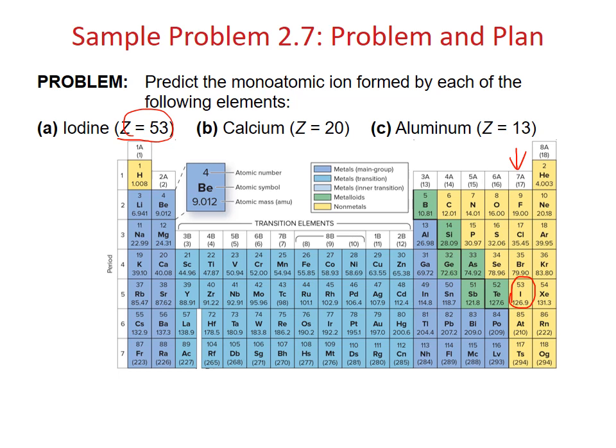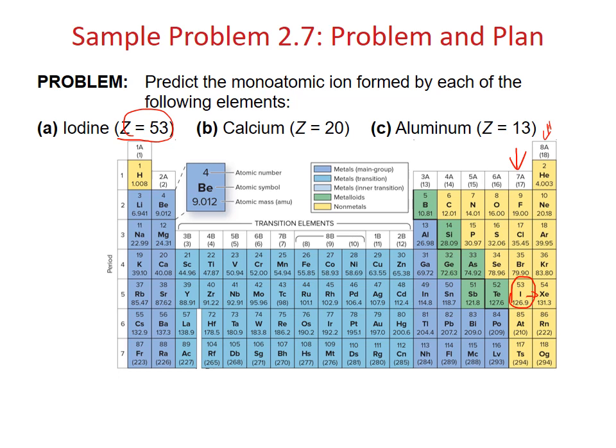a nonmetal that can gain 1 electron to form the same electron number as group 8. Okay, group 7 plus 1 electron to form 8 electrons. Just like here, iodine to xenon, 53 to 54, you need 1 electron.